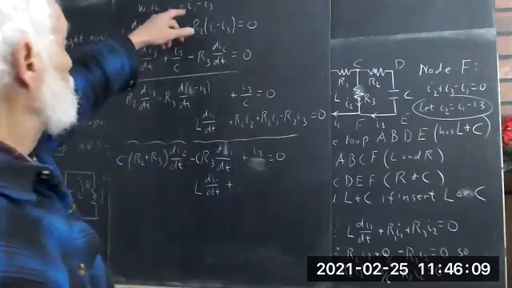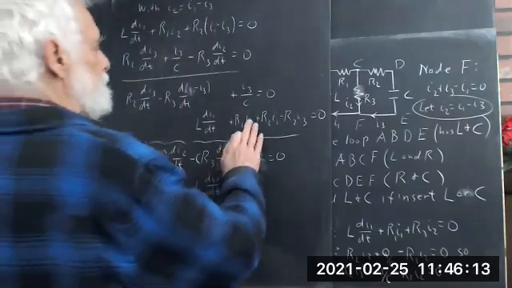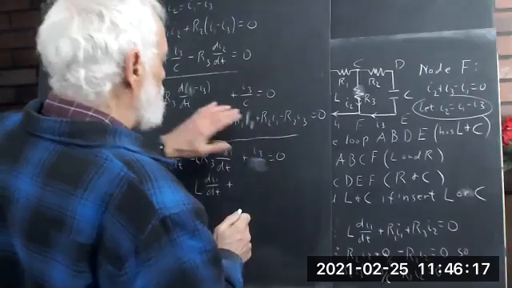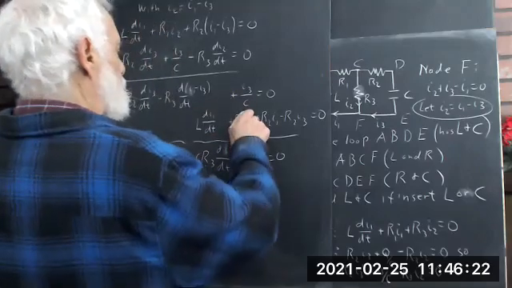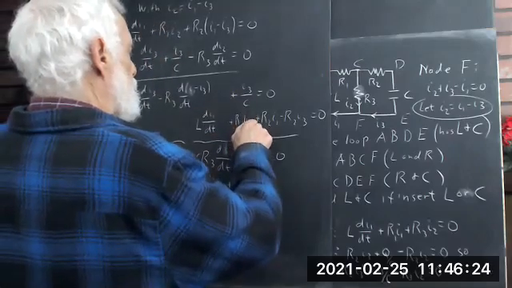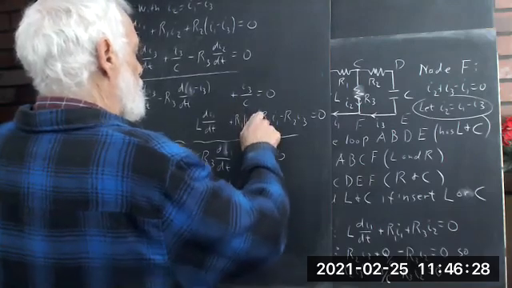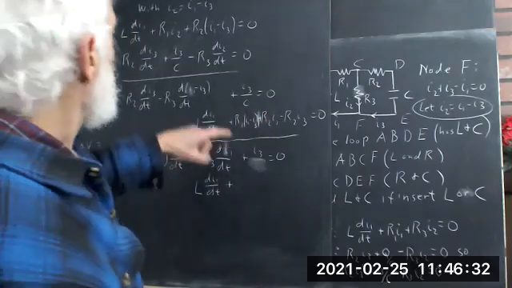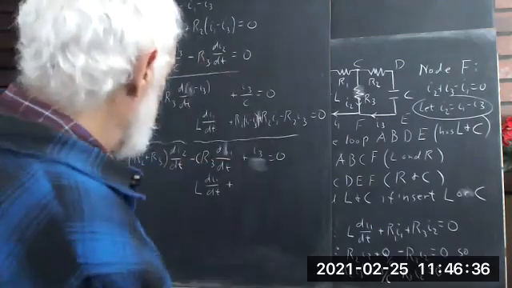I want to use I2 equals I1 minus I3. See if I can make that fairly clean. A little bunched up. But I replaced I2 with I1 minus I3, should have done that in the first place.